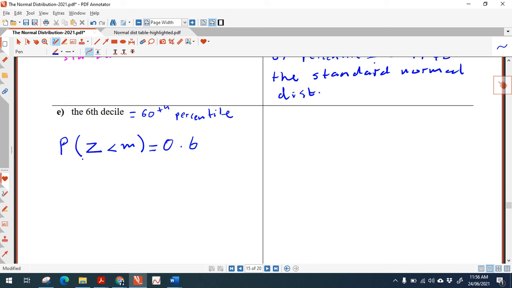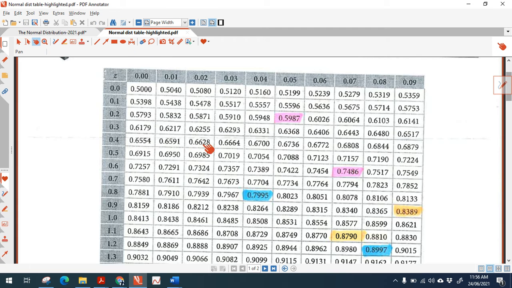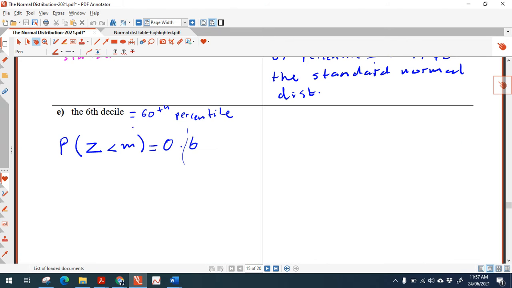Okay, so let's go back to our table. So our table is here, and if you look at 0.25 here, now, 0.25 has 0.5987. Now, I want it to be 0.6, but I can't really get much closer than this. This is not as close, neither is this. So 0.5987 is the best I can do. I'll come back to my answer then.